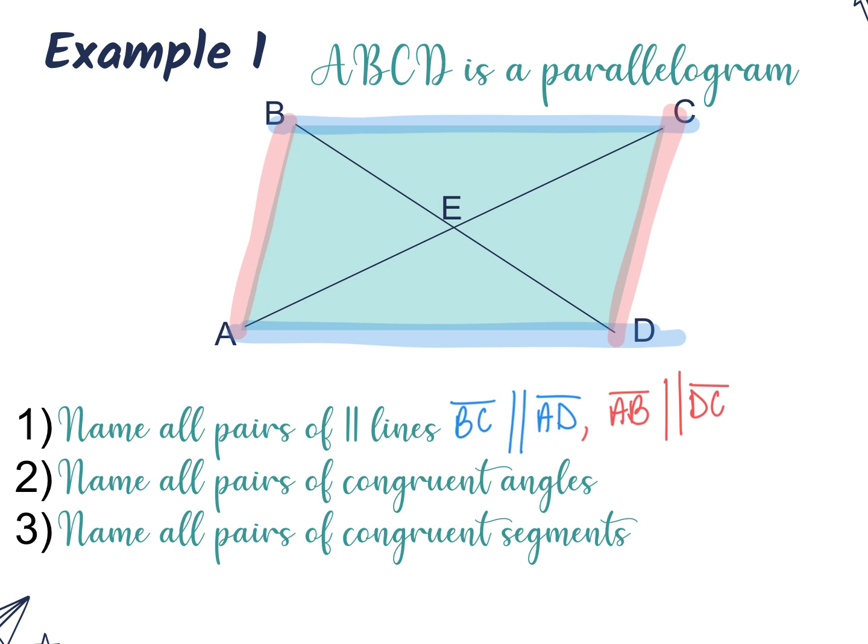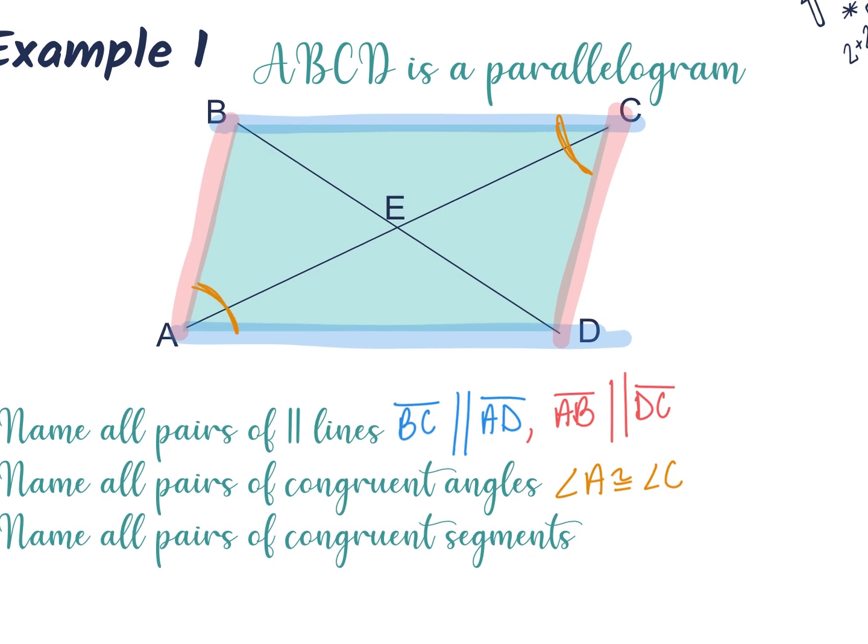So who could tell me the opposite angles? A and C. All right, good. Angle A, don't forget your angle sign, is congruent to angle C.